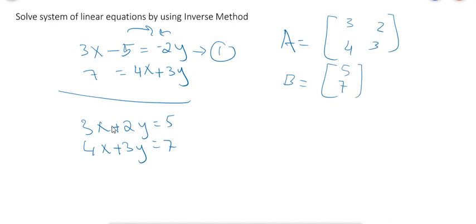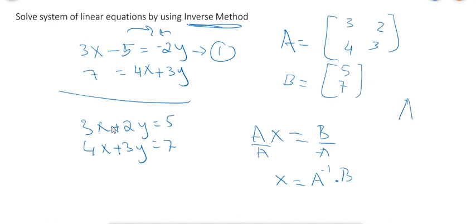So we want to use the inverse method. What is the meaning of the inverse method? If you have a matrix A multiplied by X, where X is a matrix, equal to the matrix B, we divide by A. So X will be equal to A inverse multiplied by B. If AX equals B, we multiply by the inverse.